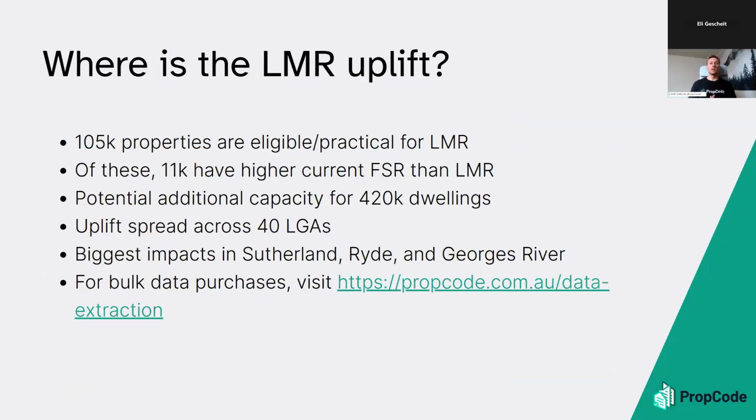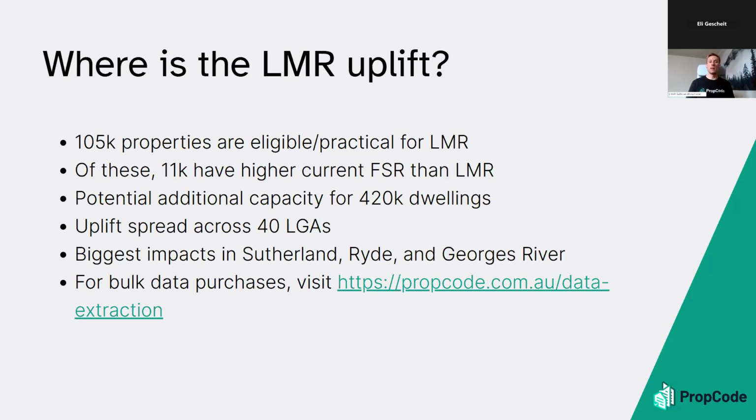Now, some of them actually, as I mentioned, may already have a higher FSR or height limit than the LMR rules give them. That's actually the case in a lot of Sydney LGA, for example, City of Sydney, some of the inner suburbs. Some of them are in heritage conservation area, but some actually just have a better FSR limit anyway. So the LMR is not much of a benefit. We worked out on the ones where there is some uplift, a higher FSR thanks to LMR, the potential additional capacity might be as much as 420,000 new dwellings in total.